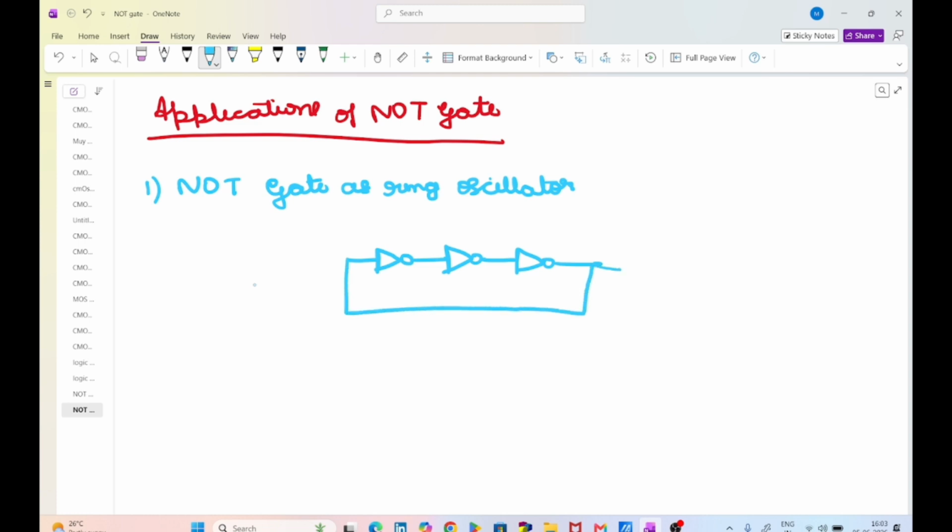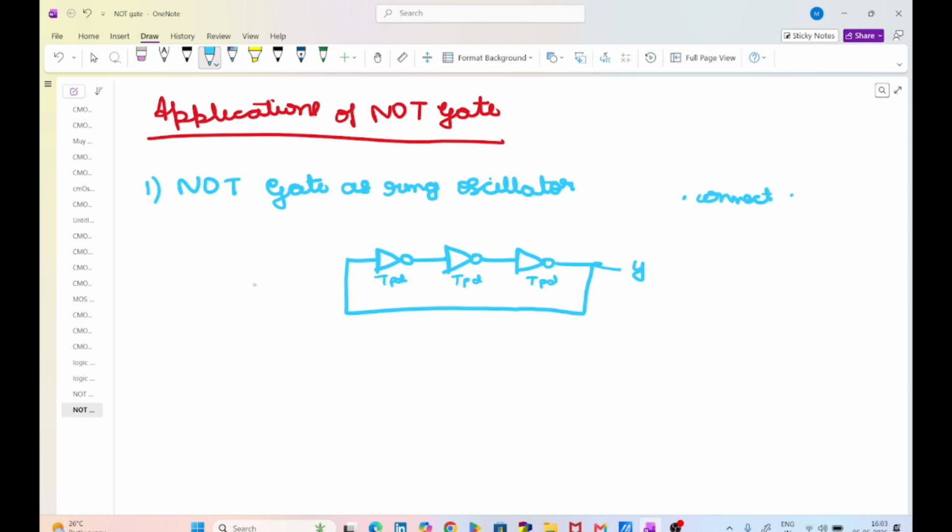There is a propagation delay between the gates that is represented as TPD.